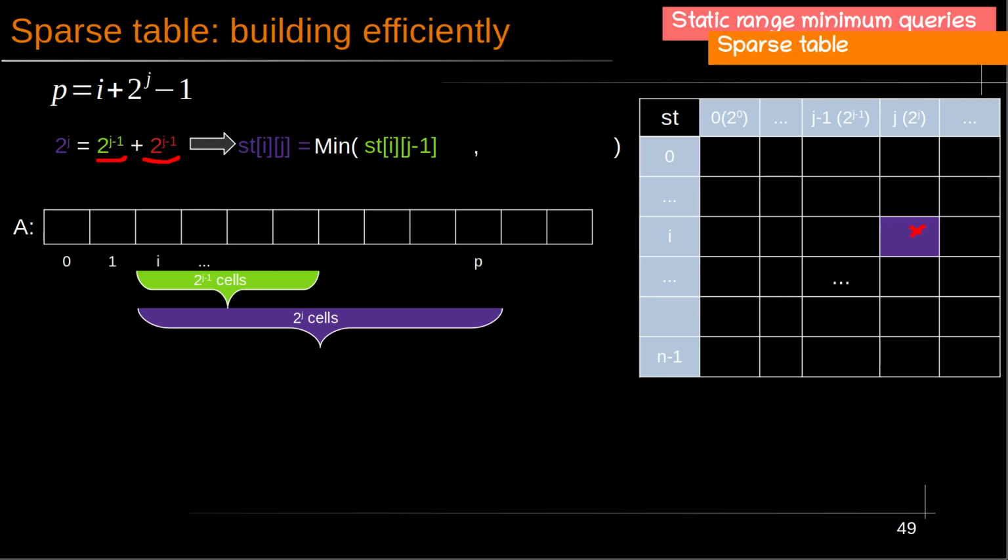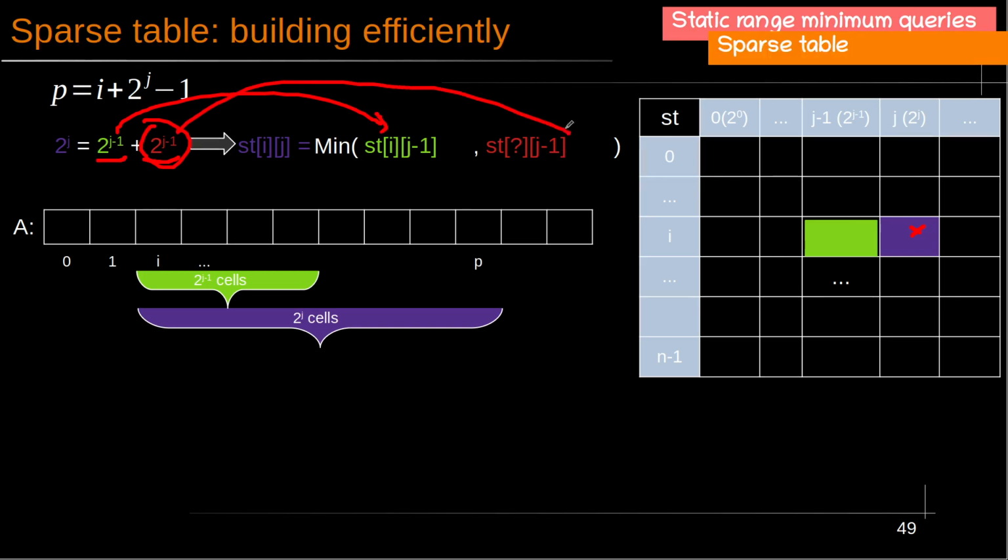and the other, the green cell here in the matrix, and the other value is St, unknown position, j minus 1. Why j minus 1? Because we have here 2 power j minus 1. So this one refers to this, and this one refers to this. We know that the column is j minus 1 because the power here is j minus 1.